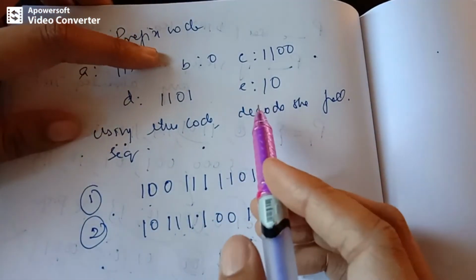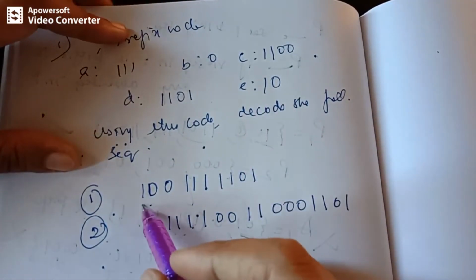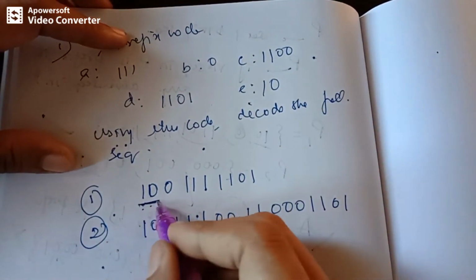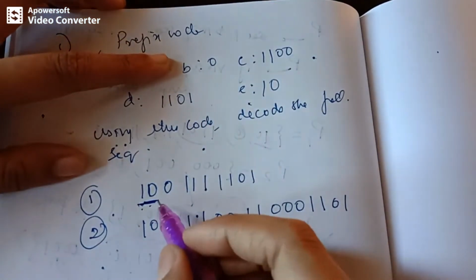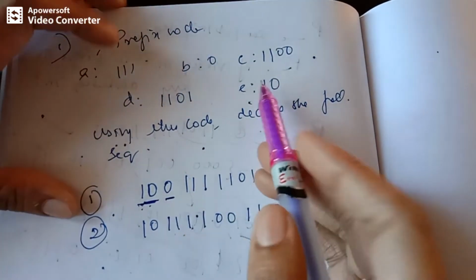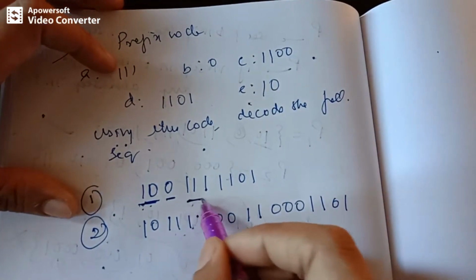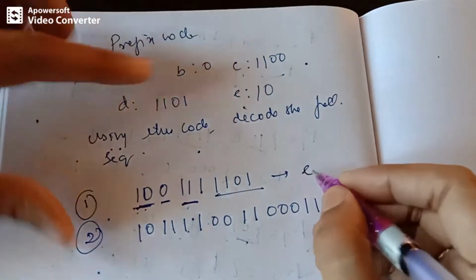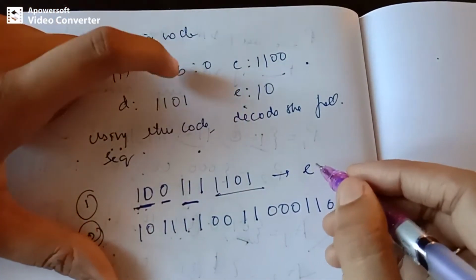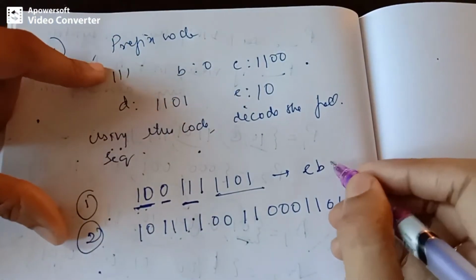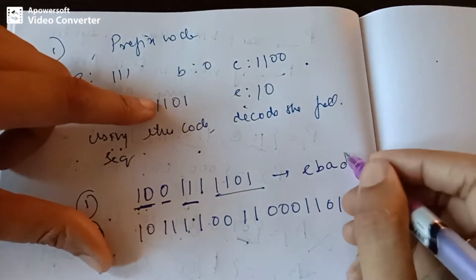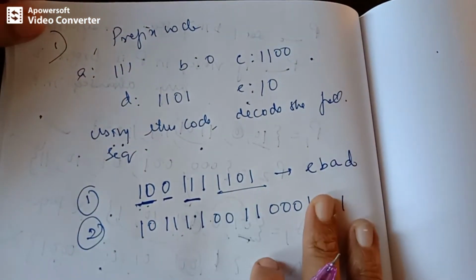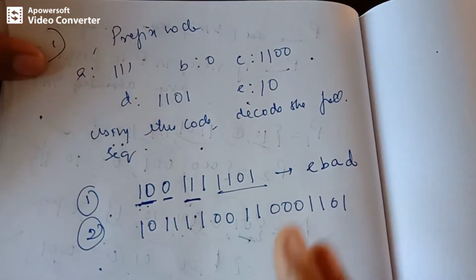We have got 10 as a code, so I will be splitting like this. Then again we have got 0, we have got 111 and 1101. So this represents the codes E, B, A and D. Okay, this is how you decode the symbols back to their original form.